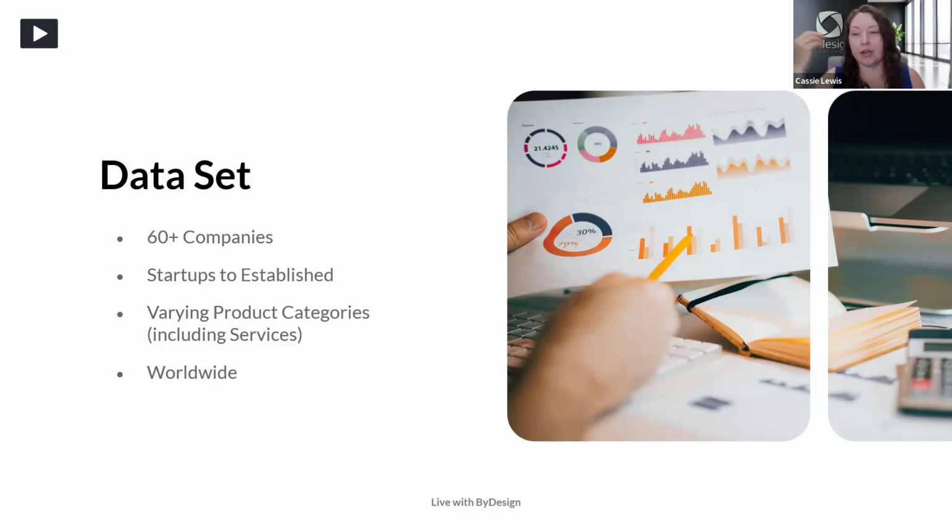It can be nutra products, jewelry, makeup, everything is included in this, and worldwide. It's not just US, it's international, it's LATAM, it's Asia. I've really tried to pull an accurate cross section of these 60 different clients in order to inform the data here.